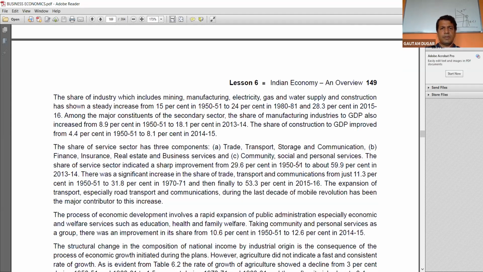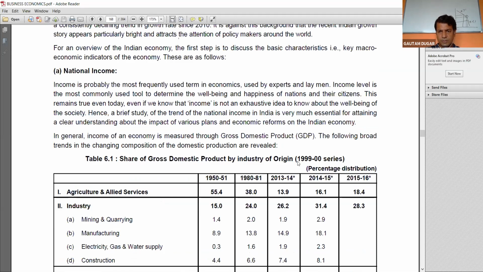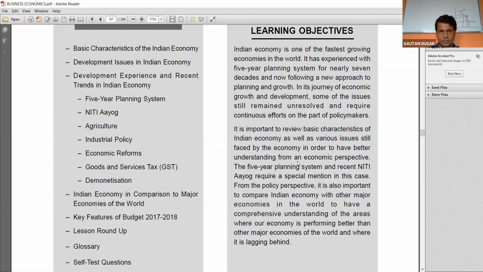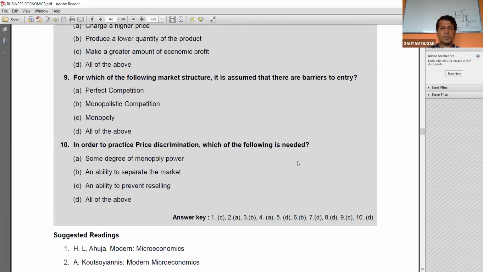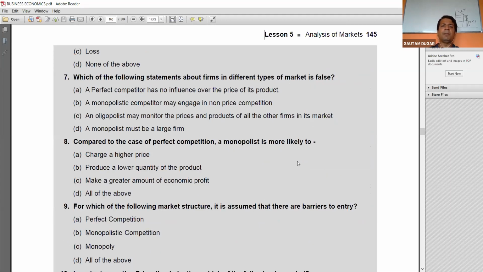What is the answer? Monopolist must be a large firm. Yes, that is false. It may be large, but it is not necessary that it has to be a large firm. Number 8. The answer to 7 is D.